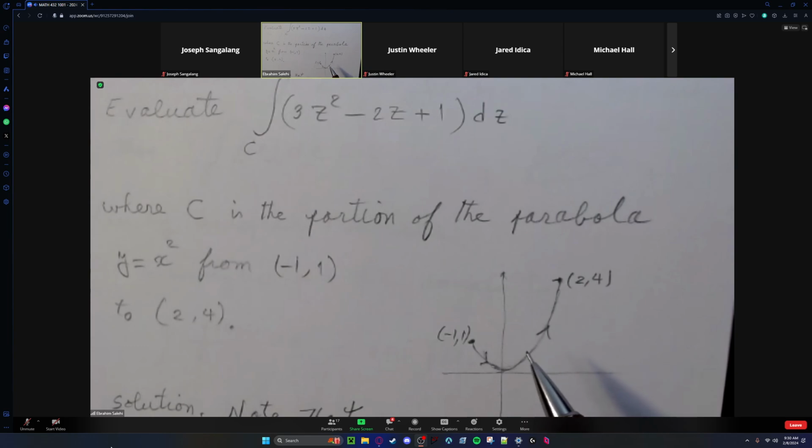But if it doesn't have an antiderivative, you need to parameterize this and work with the parameterization. But in this case, it has an antiderivative.